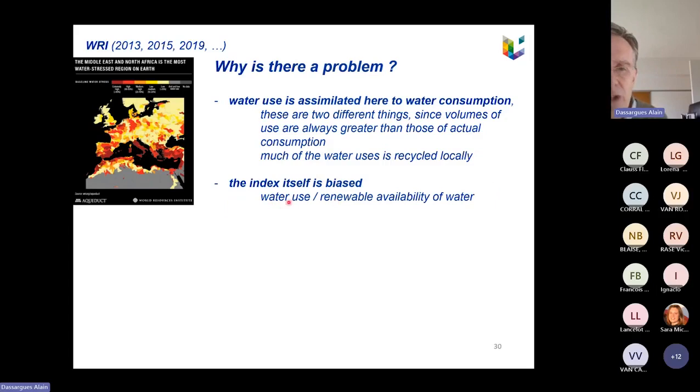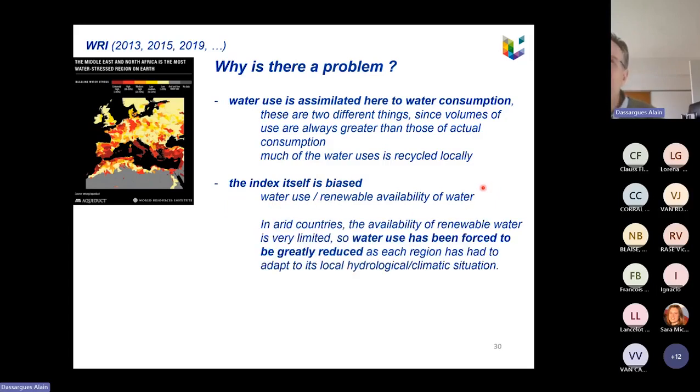What is this ratio? Water use over renewable availability of water. Imagine a country that is very arid, like Mauritania, like Niger, like Mali, and so on. Of course, the water use has been forced in the past to be greatly reduced due to the lack of availability of water resources. So the countries that are stressed at the moment have a water use which is very limited because they have availability of water that is very limited.